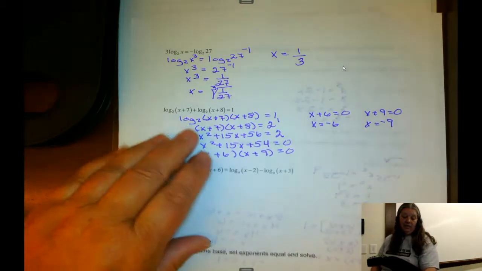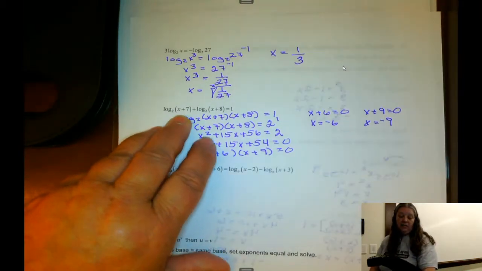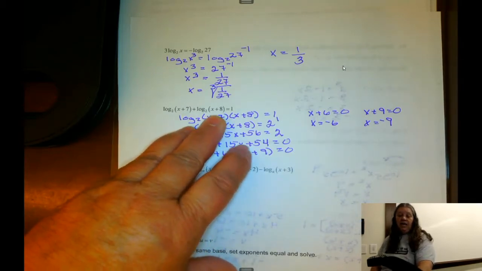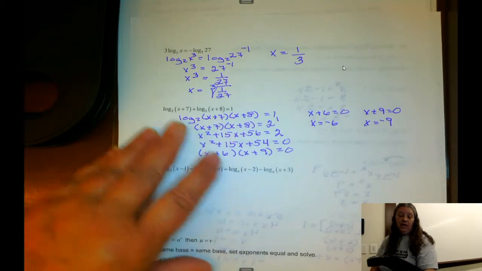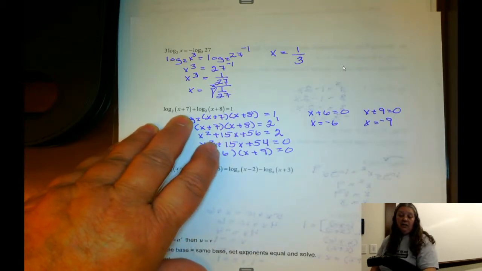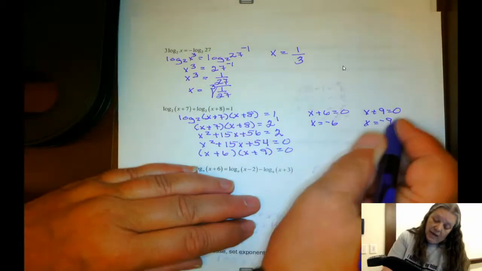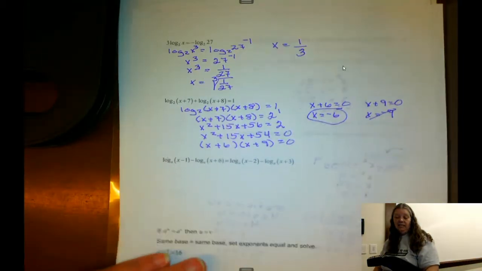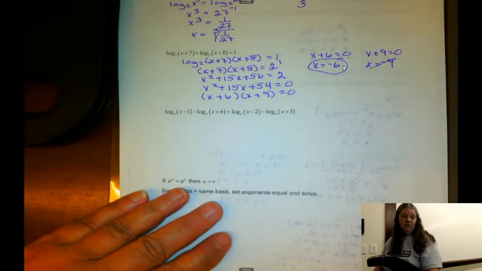Look at it back in the problem. -6 plus 7 is 1. That's okay. -6 plus 8 is 2. That's okay. -9 plus 7 is -2. That is not okay. So x equals -6 is the answer.